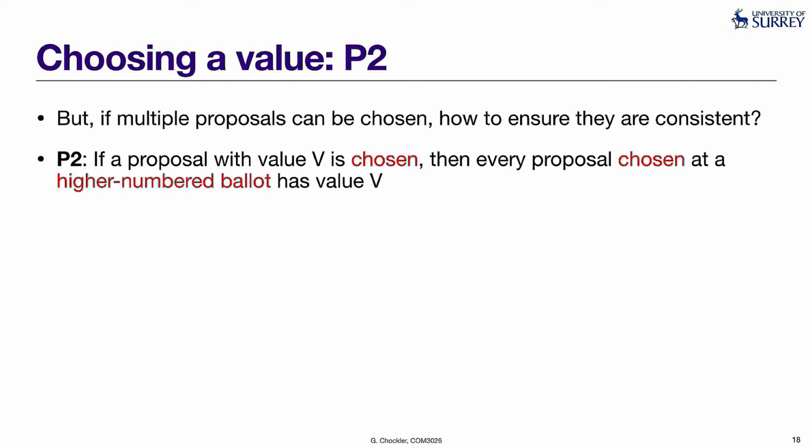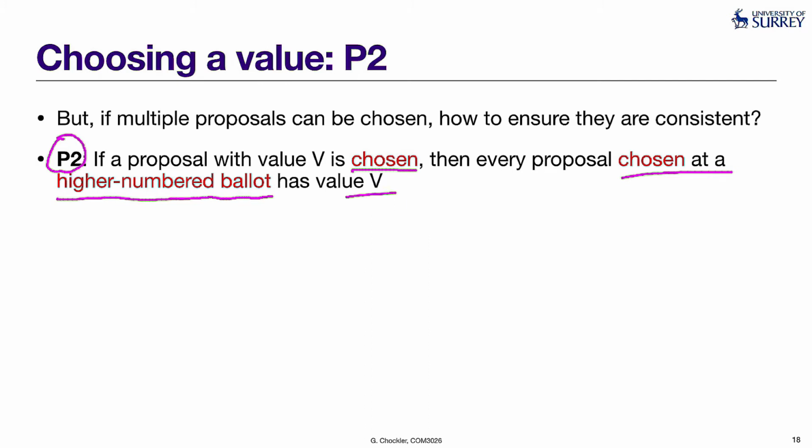So we can order these ballots in increasing order, and then we can ensure this property P2, which says that if a proposal with value V is chosen, then every proposal chosen at a higher numbered ballot has value V.